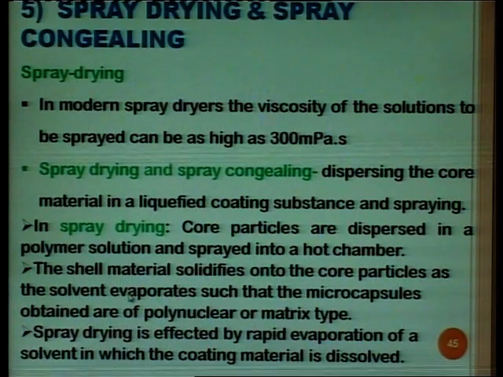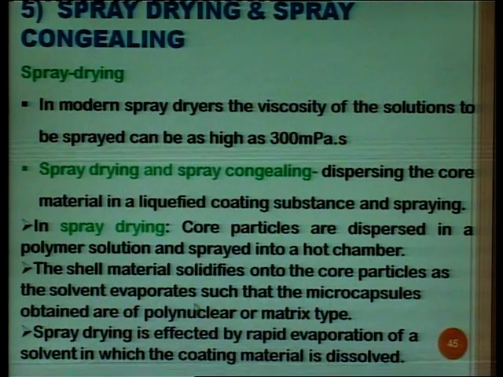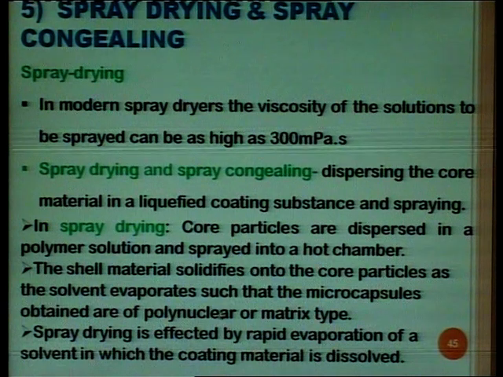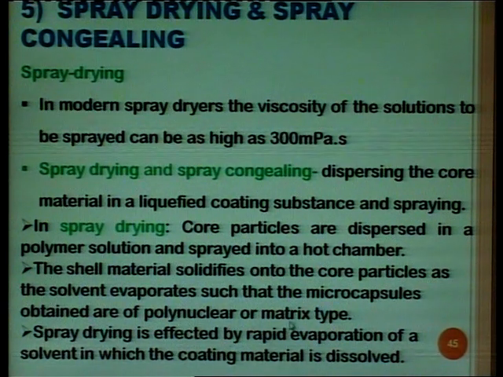The shell material solidifies onto the core materials as the solvent evaporates, such that the microcapsules obtained are of polynuclear type or matrix type. As I told you earlier, microcapsules are of 3 types: polynuclear, mononuclear and matrix type. By this technique you get the polynuclear or matrix microcapsules.